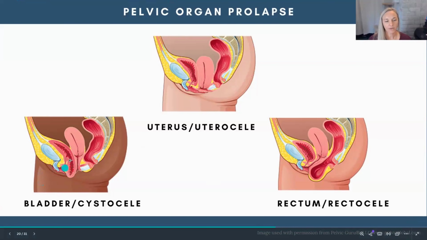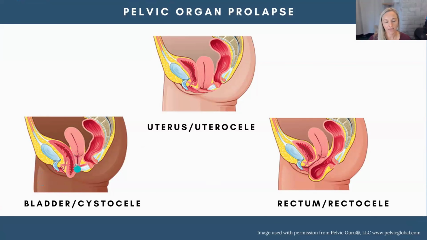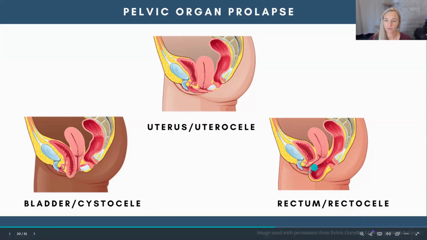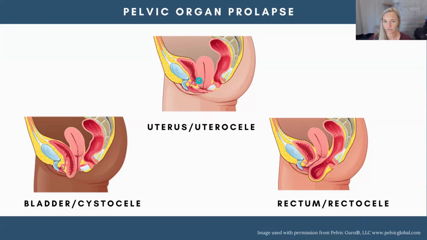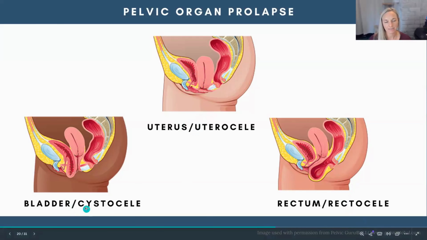In AFAB, there's the bladder that can lower down into the vaginal canal. There can also be the uterus that lowers down into the vaginal canal. And there can also be the rectum, where the rectum is lowering into the vaginal canal. So that is called a rectocele for the rectum, a uterocele for the uterus, and a cystocele for the bladder.